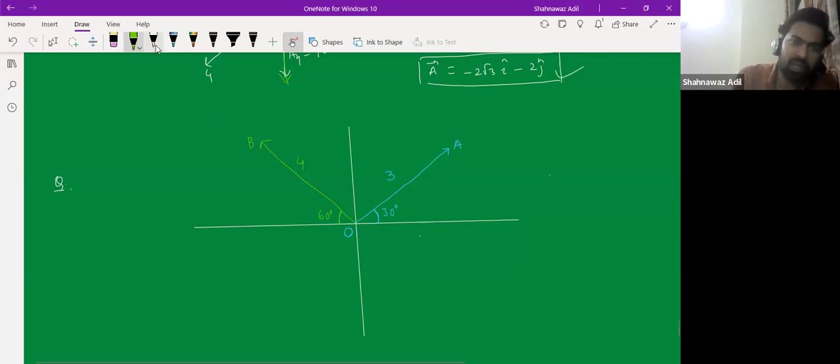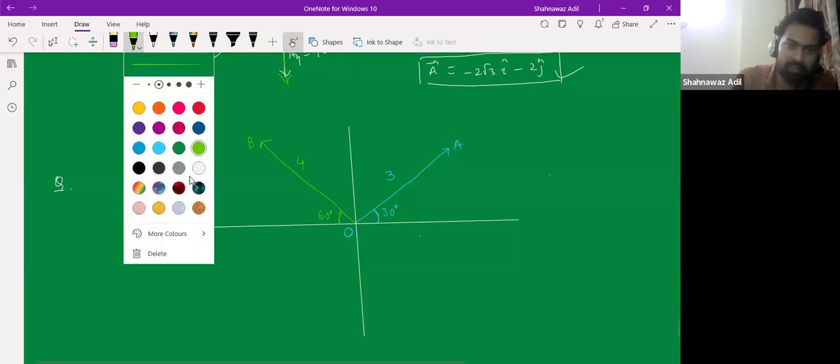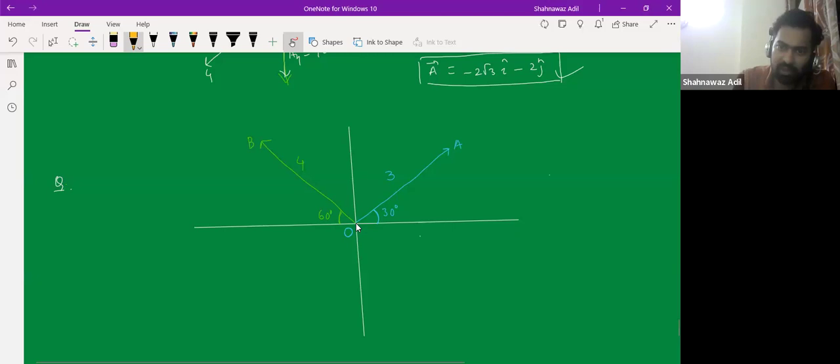And then we have another vector, OC, whose angle is 60 degrees, and its magnitude is 2.